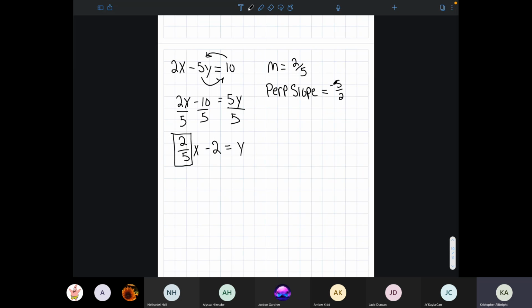Now we want the y-intercept of 0, -1. So now we're doing good. We have the slope of what we want, and we have a y-intercept. So we can just go ahead and put this in slope-intercept form because we have a y-intercept and we have a slope, which are the things that we need.